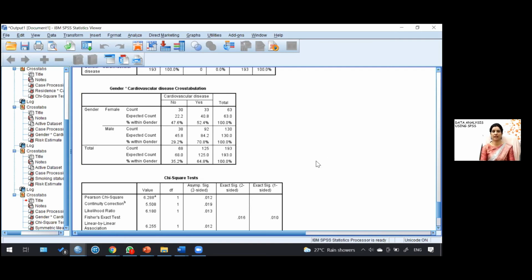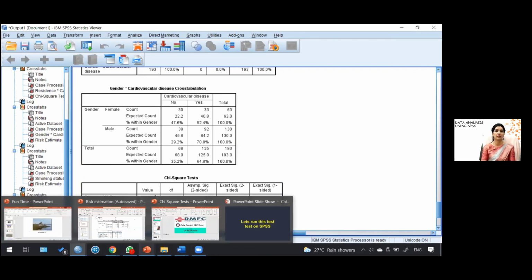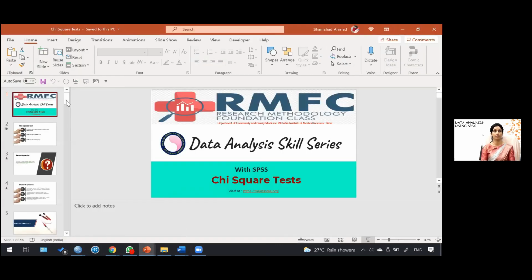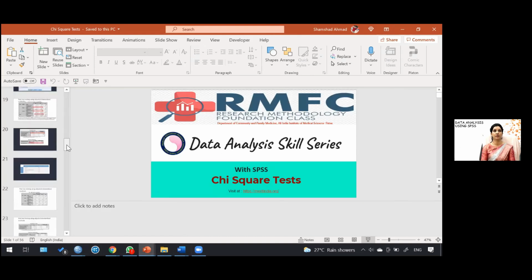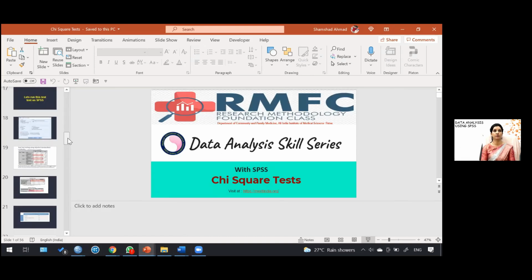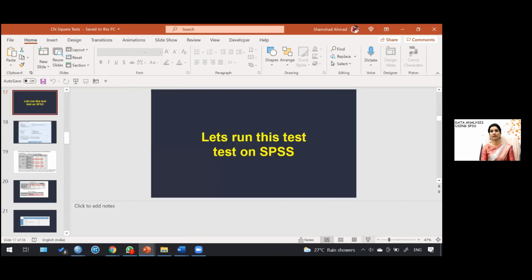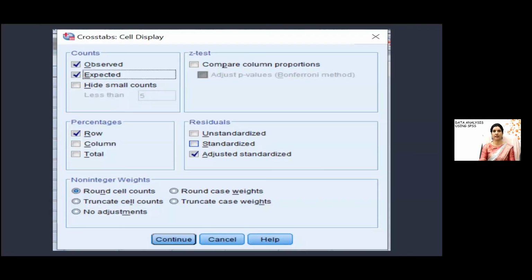If not, then we'll go to how to write these values in the table and how to write the interpretation. So let me go again. I was showing you the phi and Cramer's V. All these commands are there, and here also you can see observed, expected.